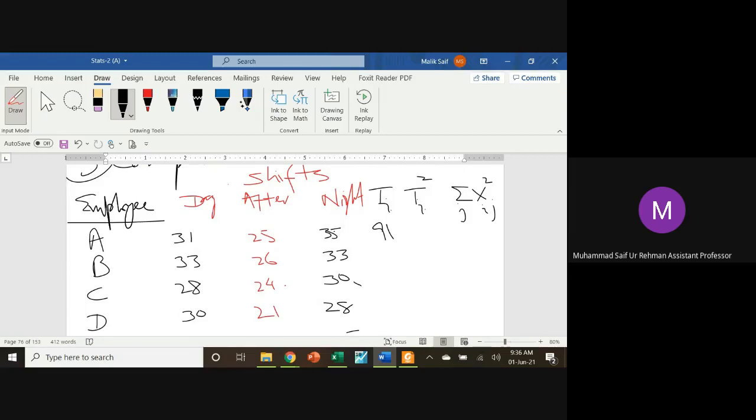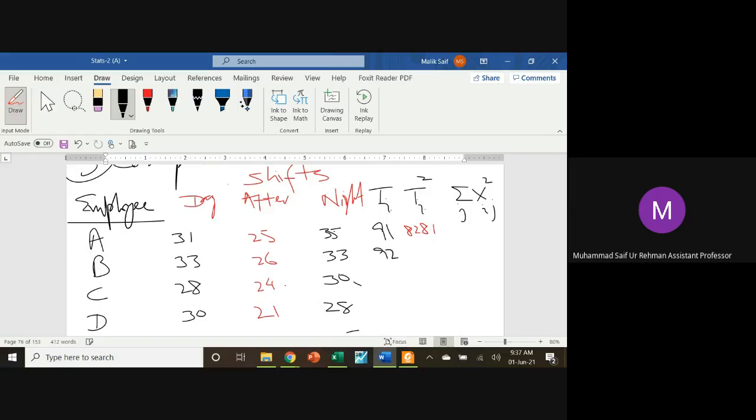So Ti dot square is 91 square, which is 8281. The next value is for B, in which you add 33 plus 26 plus 33. The answer is 92.